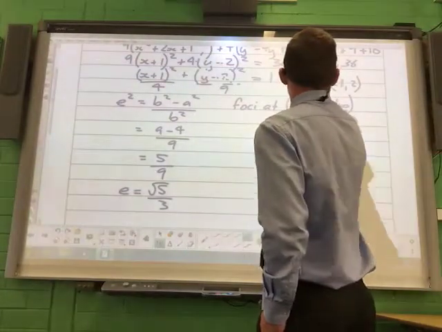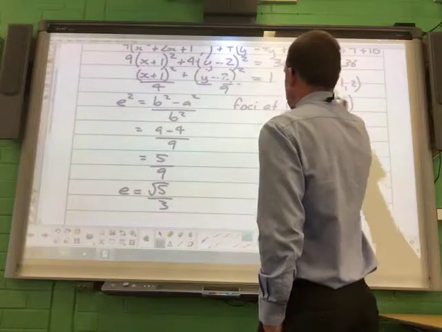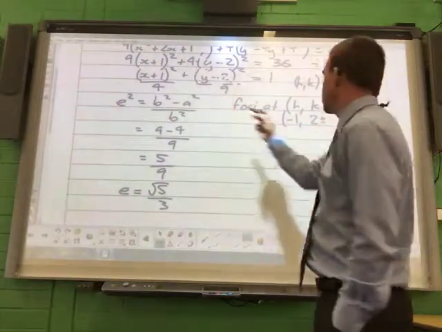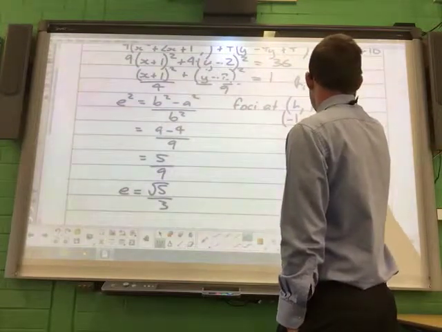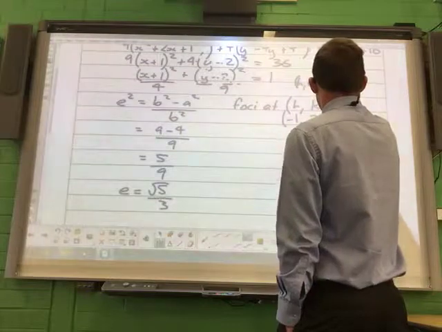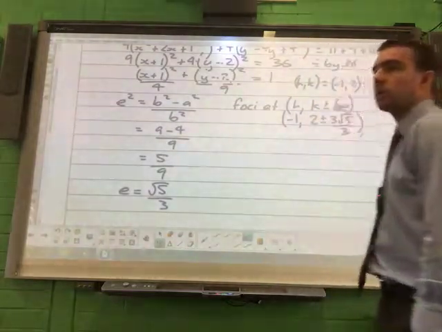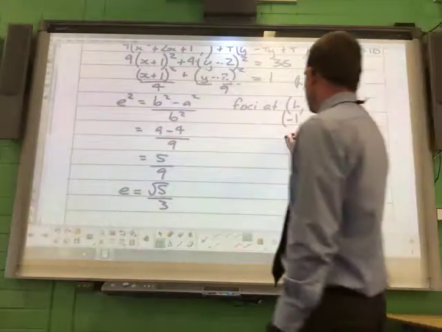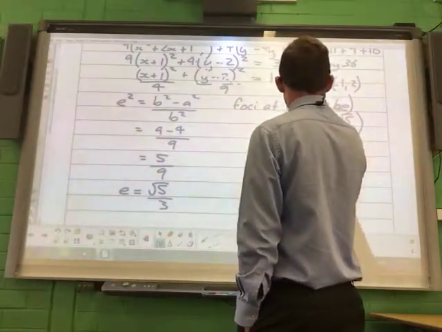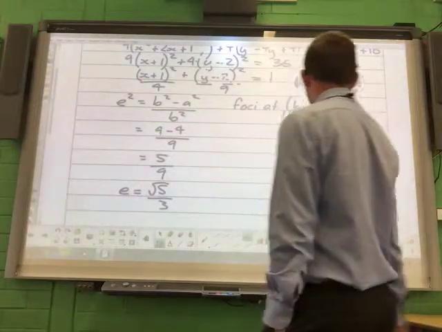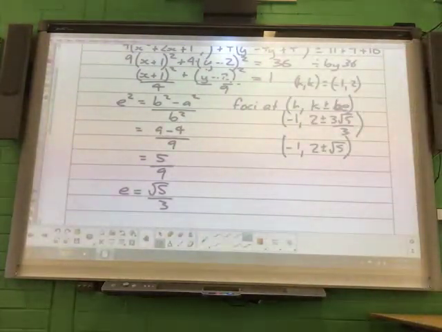So (-1, 2) plus or minus b e. Now remember, this is b squared. b squared is 9, so b is 3. 3 times root 5 over 3. We always like when things cancel out, it makes it a bit tidier. So (-1, 2 plus or minus root 5) for the foci.